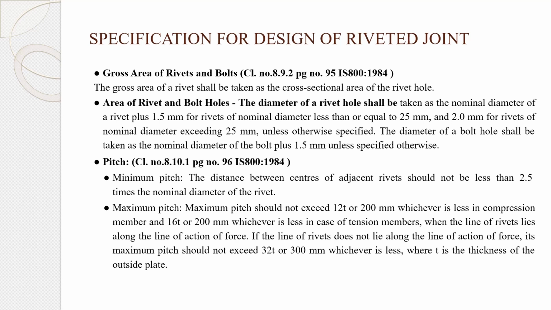And the diameter of the bolt hole shall be taken as the nominal diameter of the bolt plus 1.5 mm unless specified. So for the rivet, it is nominal diameter plus 1.5 mm up to 25 mm, and above that nominal diameter plus 2 mm. And for the bolt, for the entire range, it is nominal diameter plus 1.5 mm.